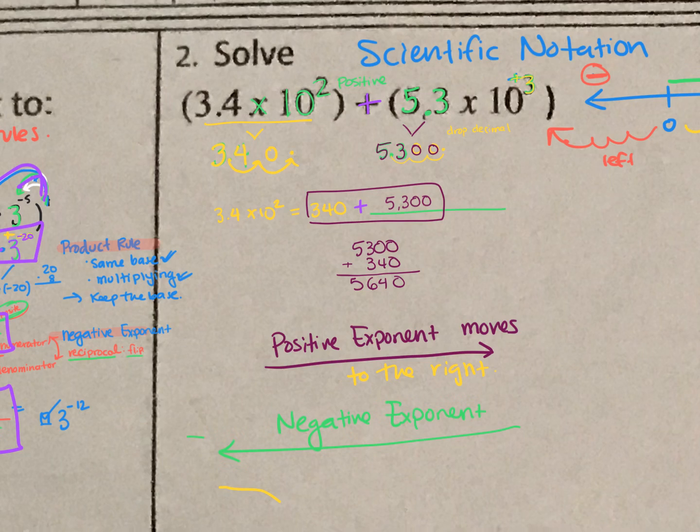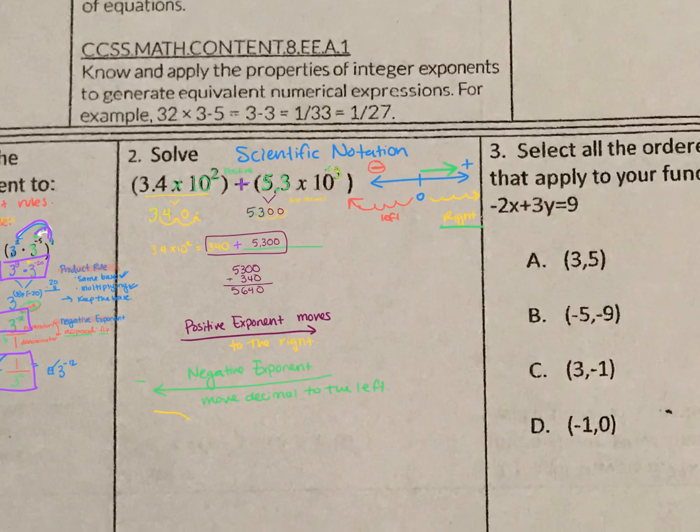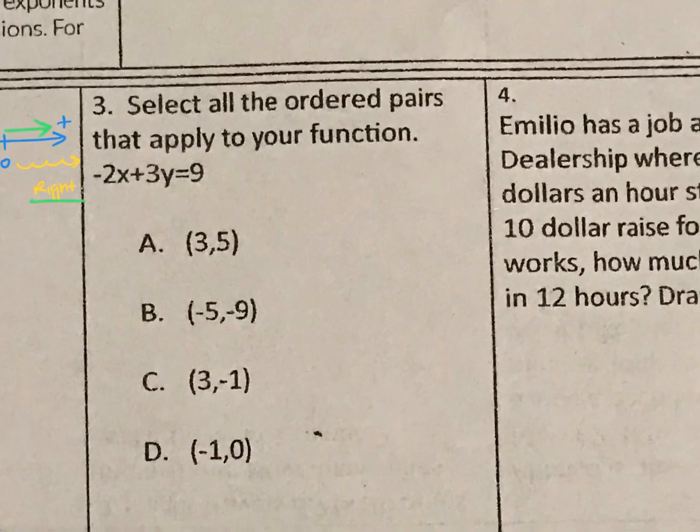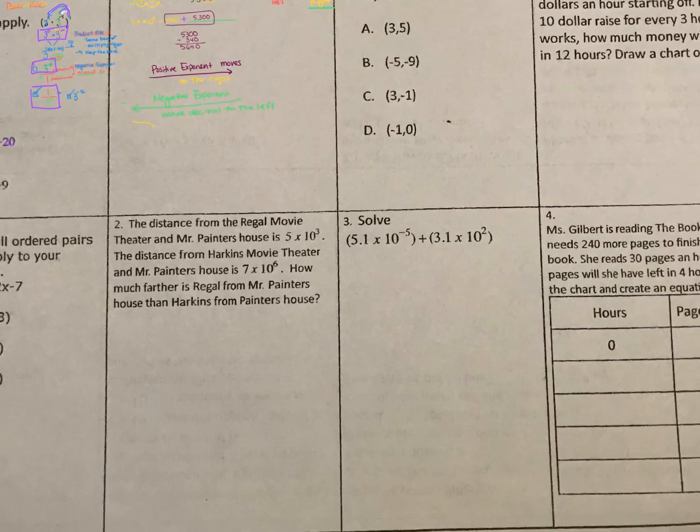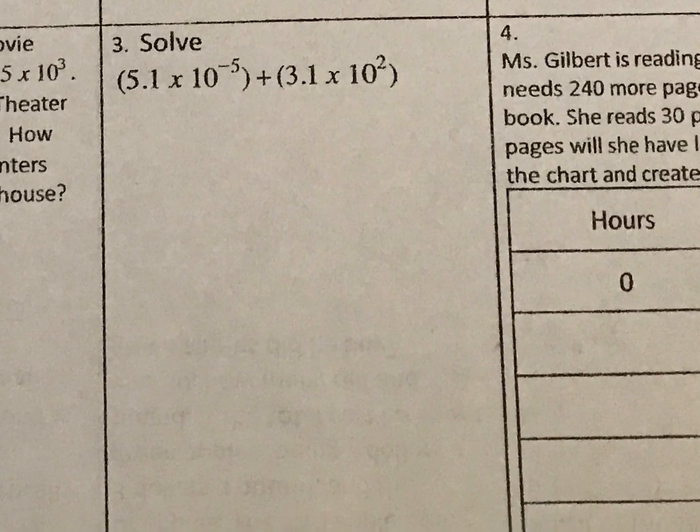Negative numbers are to the left. So you move the decimal to the left. All right. So since we just did that one, let's go ahead and do this problem.